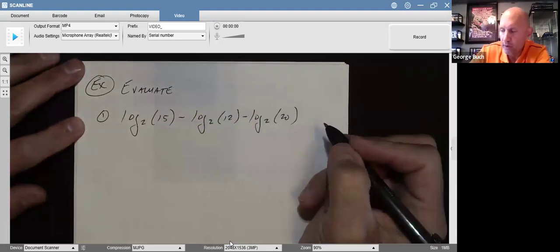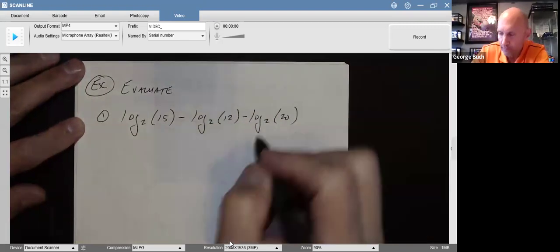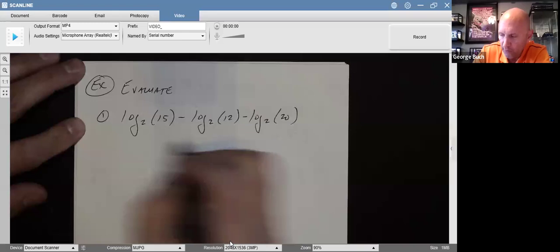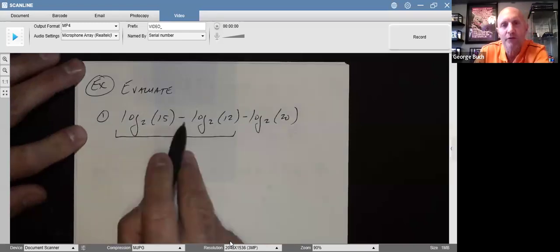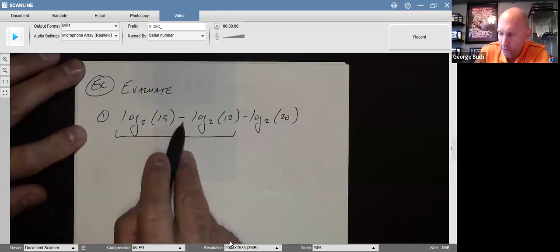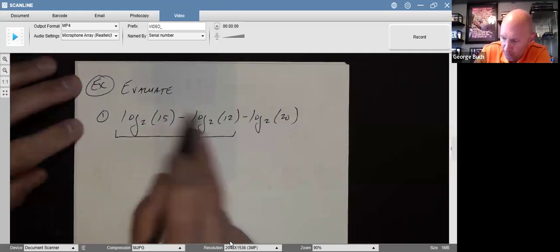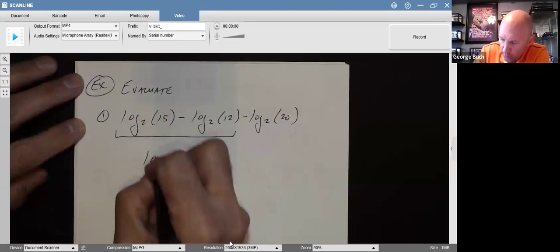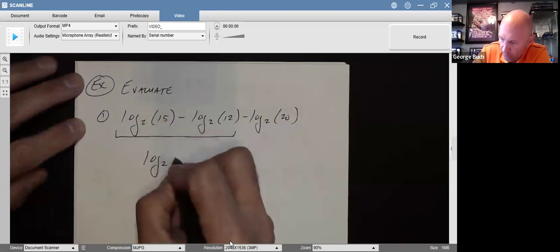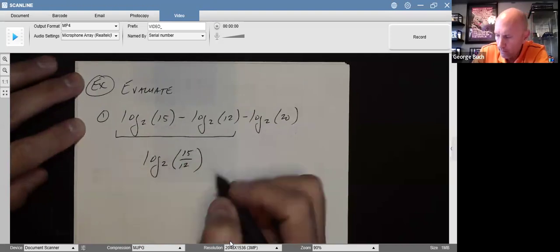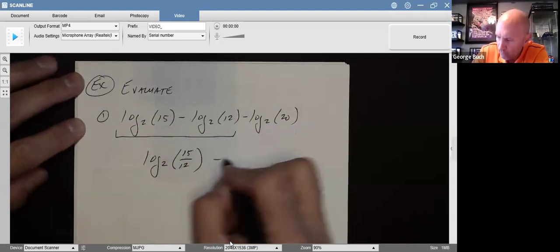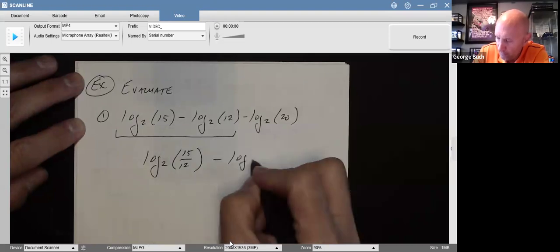We're going to have to use our laws of logs, and just work left to right. I have a minus sign here, so that's division. These first two terms I can combine into log base 2 of 15 over 12, and then minus log base 2 of 20.